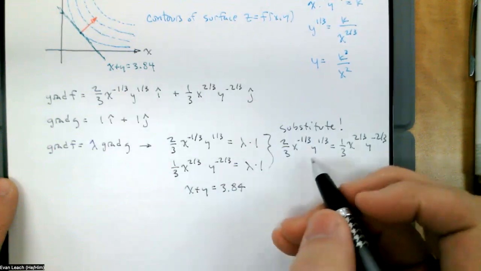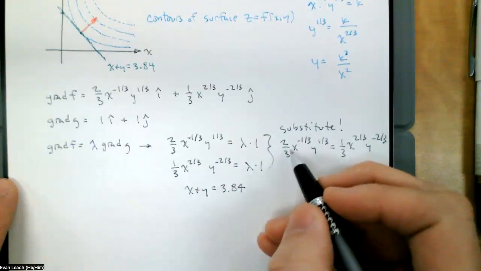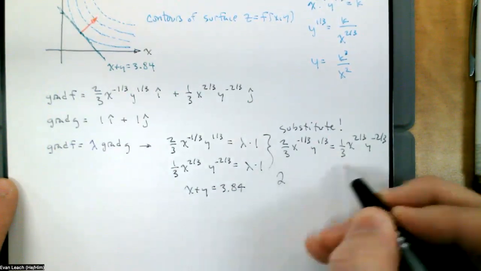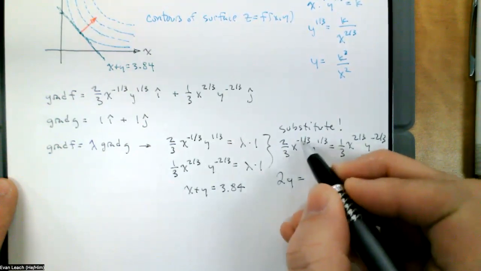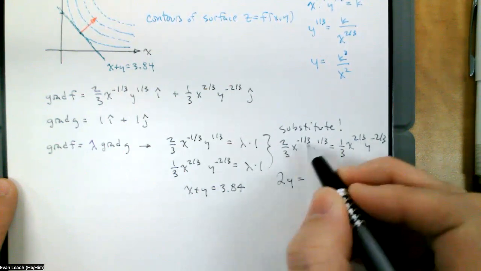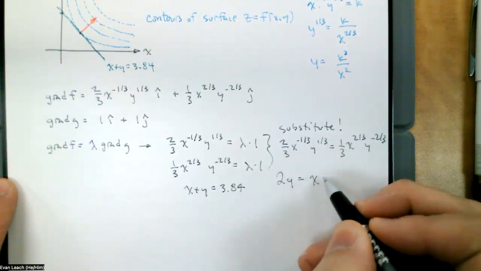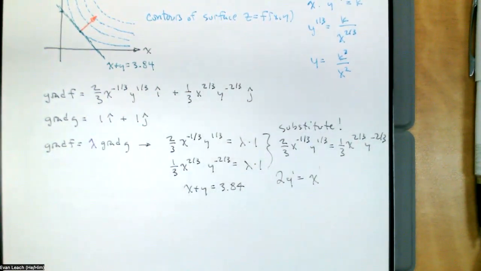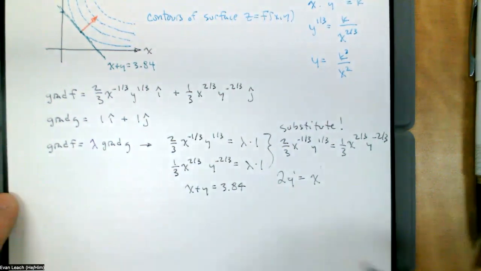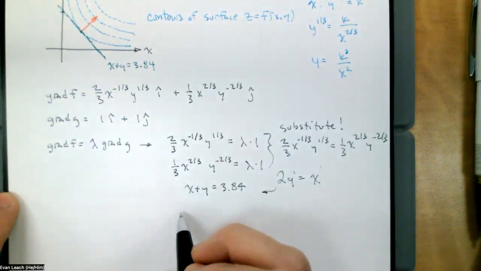So sensitive. So I'm going to multiply by 3. I can get rid of that. I'm going to have a 2. I'm going to multiply by y to the 2/3, so I'm going to get a y over here. And I'll multiply by x to the 1/3, and that'll cancel this one out and leave an x over here. X to the first. Now we can see the ratio of y to x, and we can plug that into our other equation.